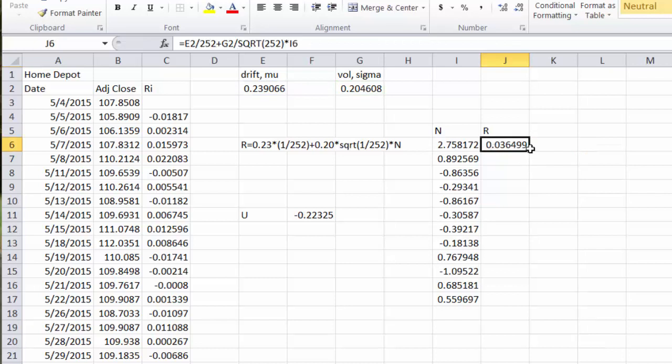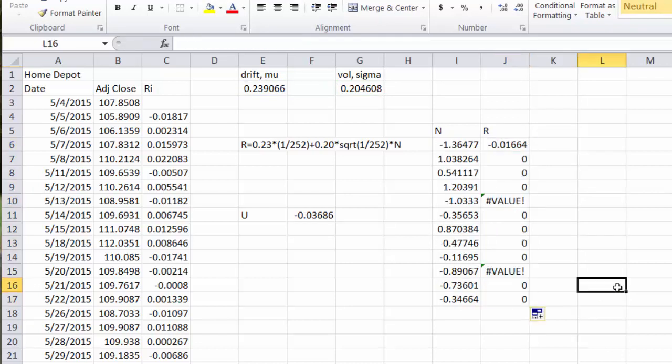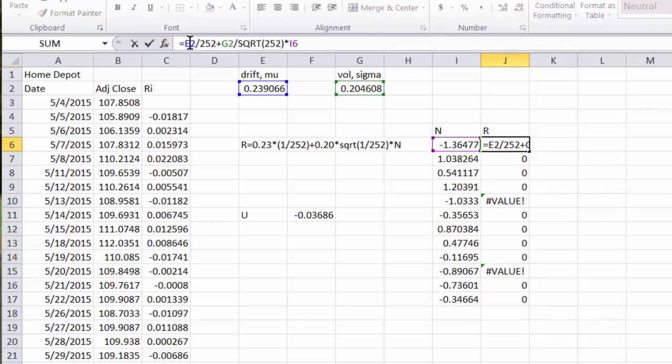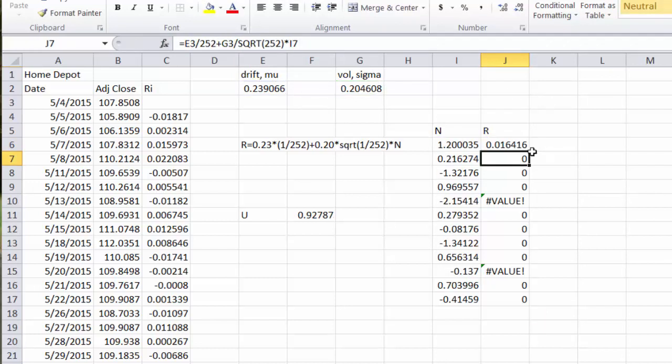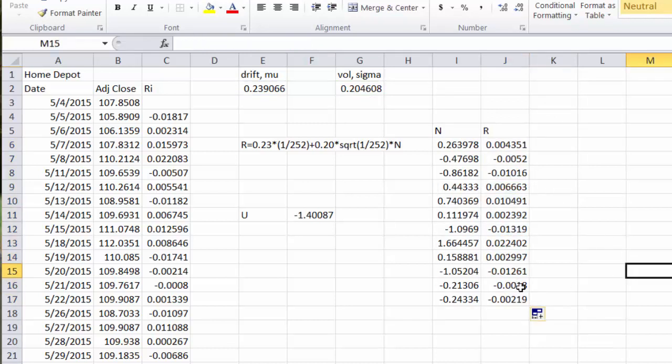That should give me a model of a return. Oh, what am I doing? I got to lock down these 2's with the dollar sign, because when I copy and paste, I don't want to change that. So now these are all the simulated, modeled returns.